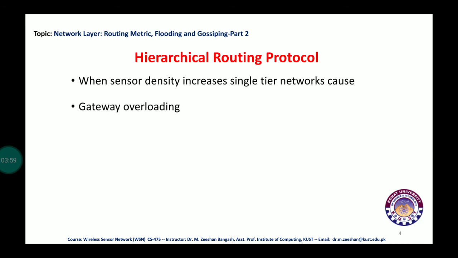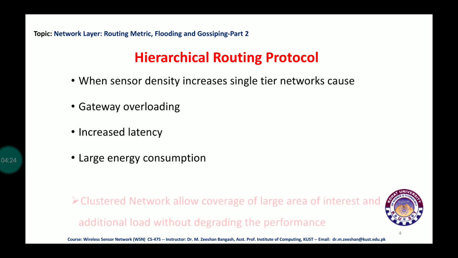Similarly, in case the gateways increase in order to communicate with other networks, this is also one of the solutions. However, as we already discussed, this type of model and routing protocols increase latency, and it will consume more energy, which is again a main concern in case of wireless sensor networks.